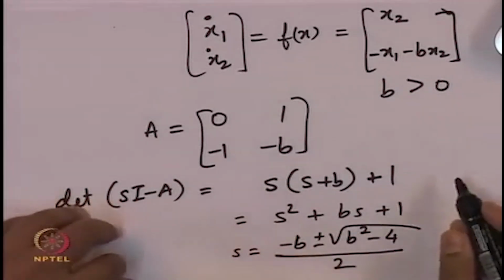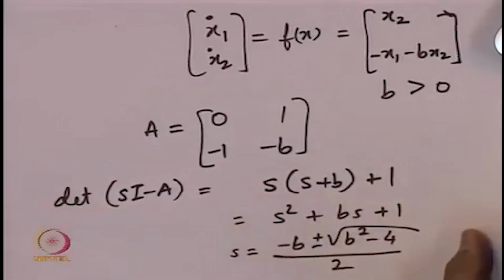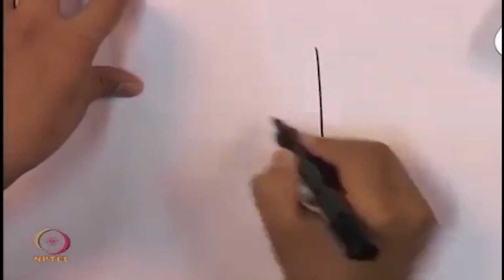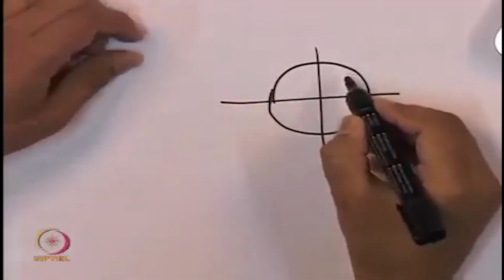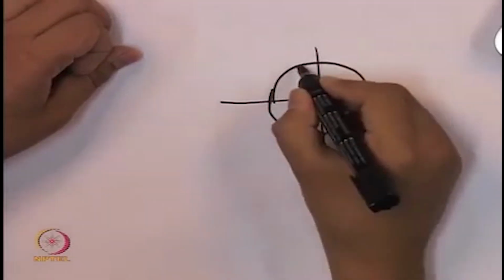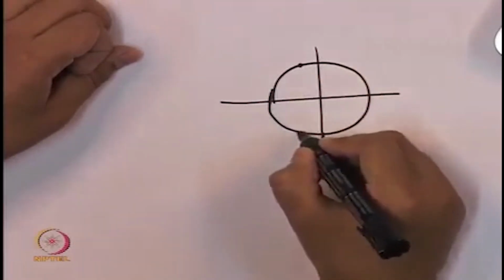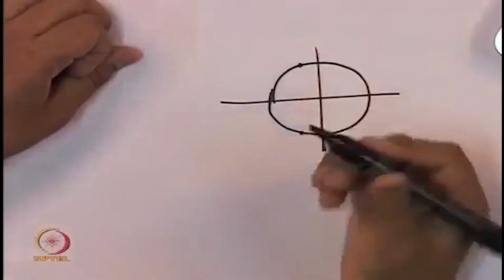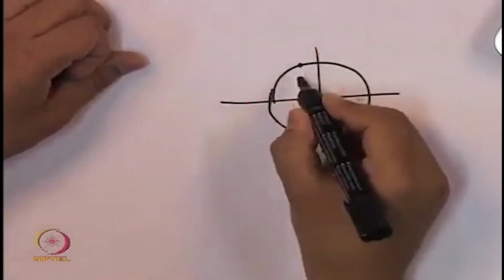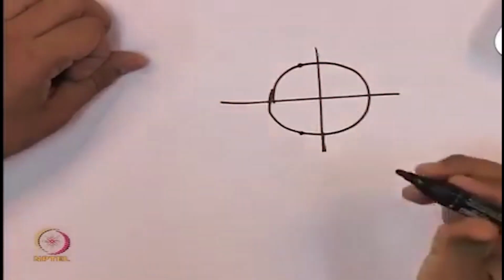So, these are 2 points on the unit circle. How do the two roots look? They have to be conjugate pairs. The product is equal to 1 and their sum is equal to minus b. Because the sum is negative, they have to be on the left half of the complex plane.